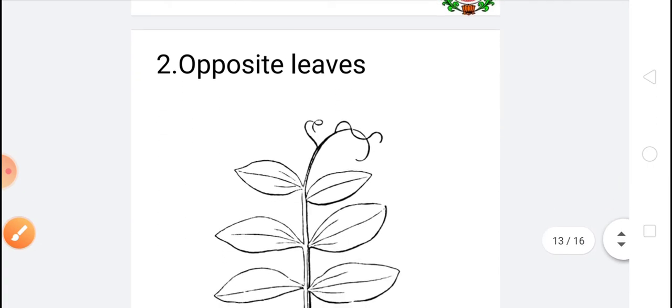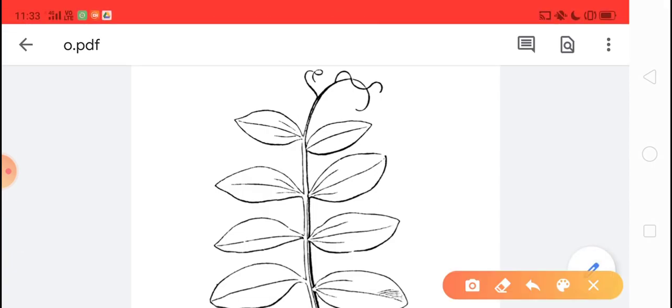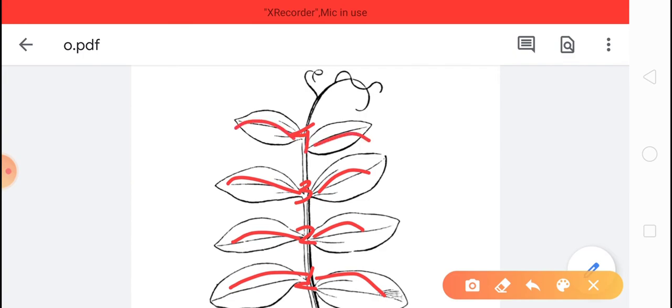Here, on a node, two different leaves are attached. You can see in the picture, on one node two leaves are attached, and such an arrangement is called opposite arrangement.